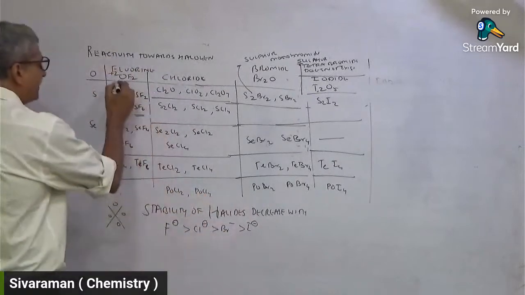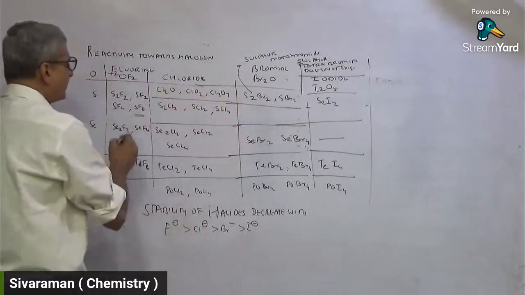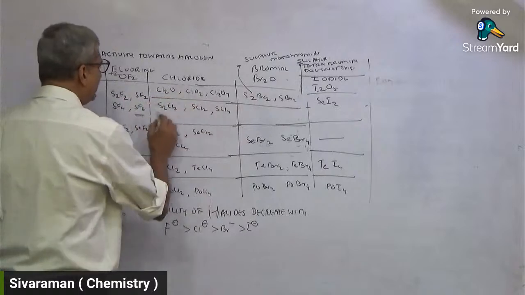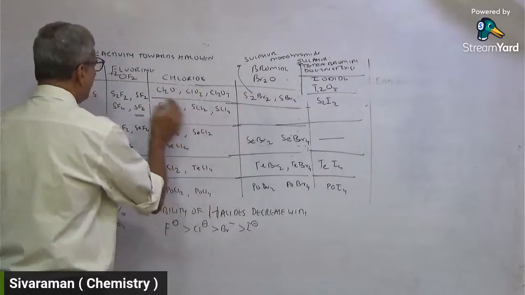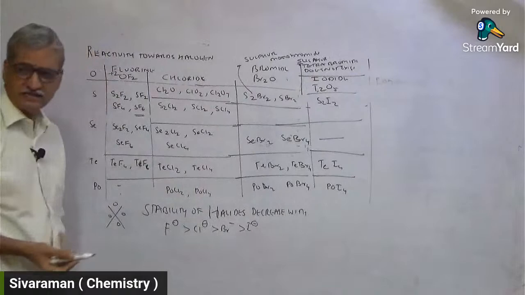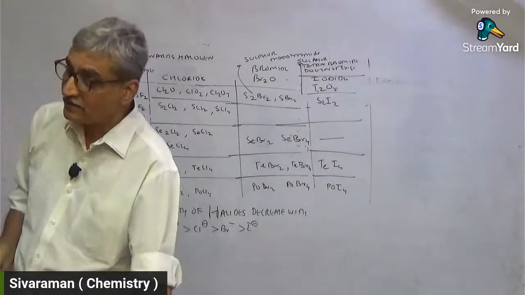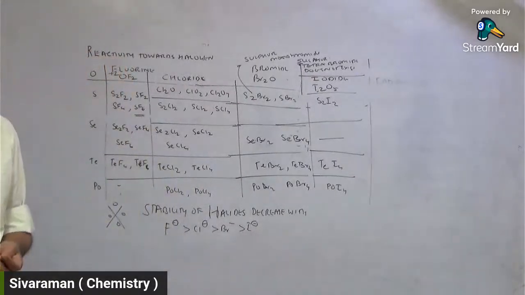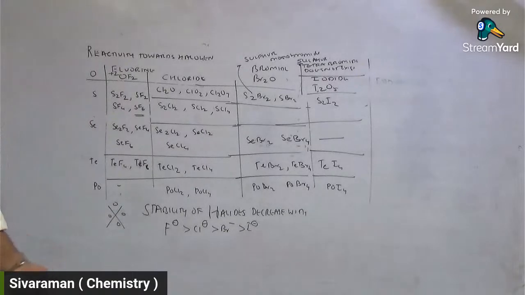Just imagine if you take compounds of the same type, like S2F2, SCl2, S2Cl2, and ask which is less stable, or which would decompose. That question can be asked. So please take down this.